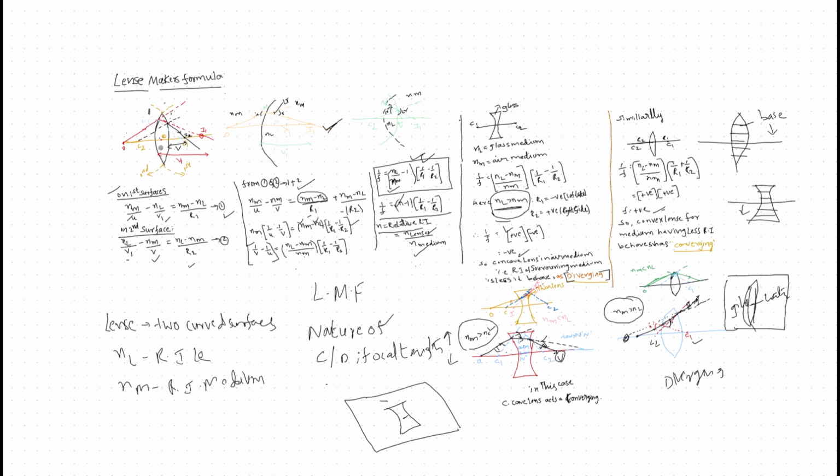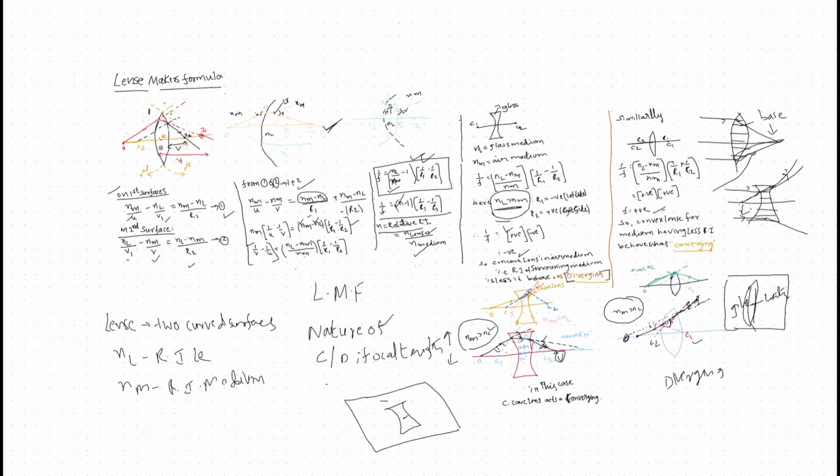So the ray always should refract towards the base. In the concave case, it bends, that means refracts, away from the principal axis. Here also, the rays which are coming parallel to the principal axis have to bend or refract towards the principal axis, towards the side where the base is.